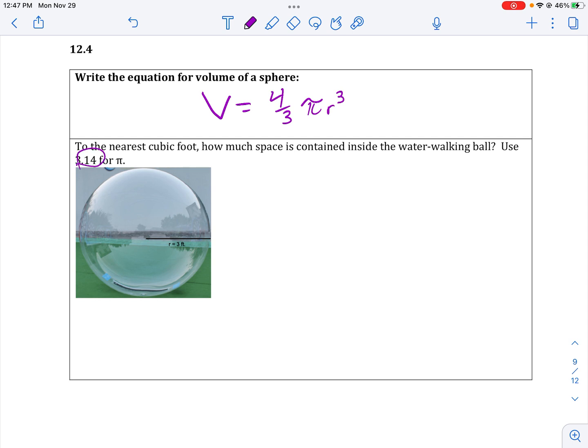So first I'm going to solve in terms of pi. So here is my formula with my radius substituted in for r. So I get 4/3 times 27 times pi.